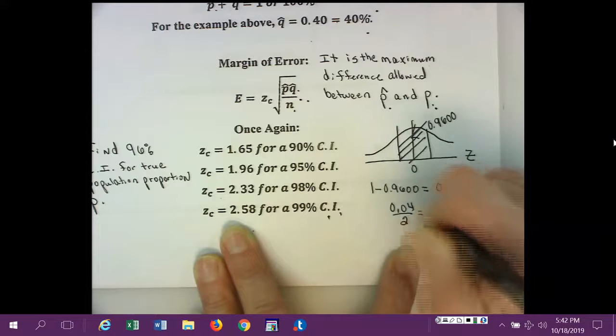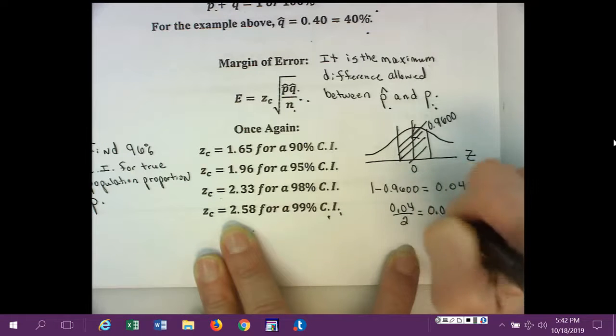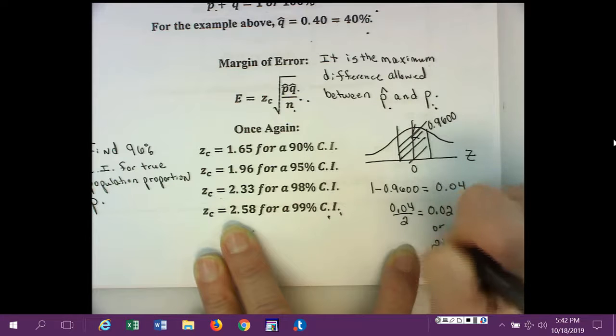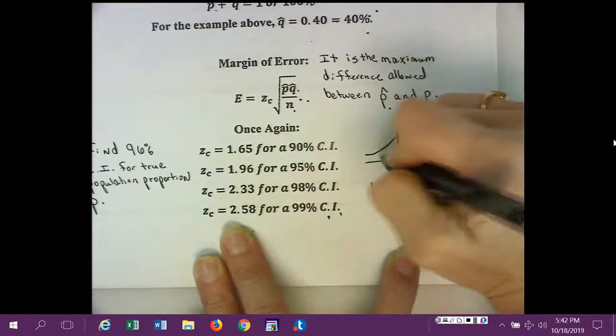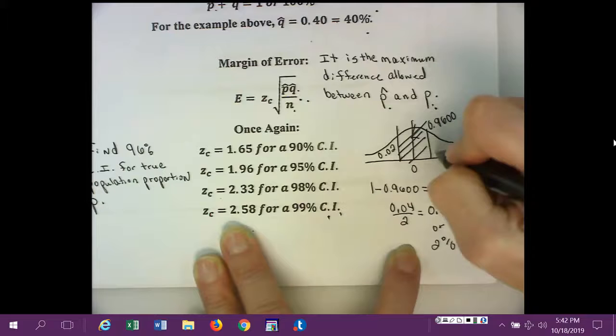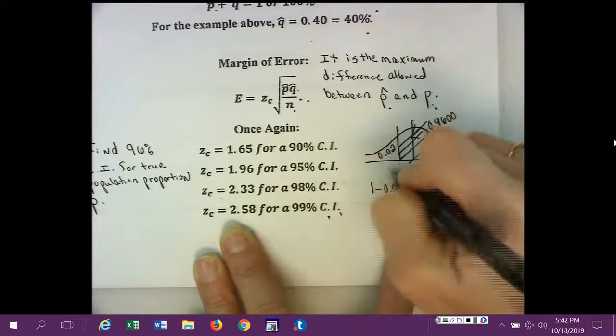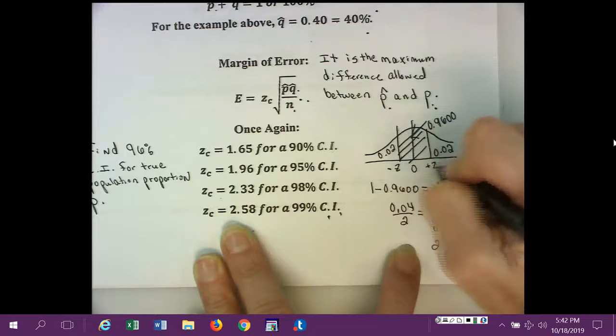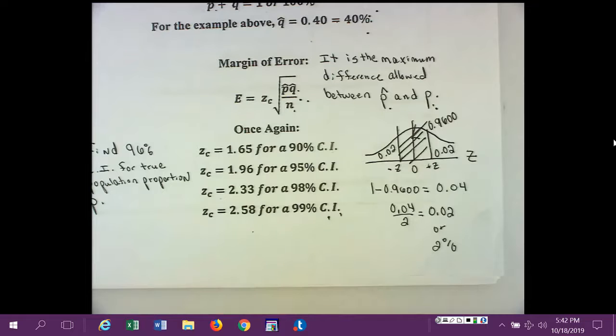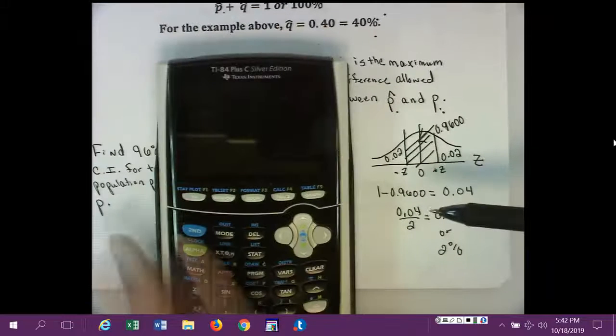So each tail would have to be 2% in terms of area. So 0.02, 0.02, and we can use those areas to find our cutoffs, plus and minus z. You can now go back to your 2-page z-table and look up an area of 2% and work to the outside to get your negative z-score. Or you could do invert norm on the bottom 2%. I will do invert norm first.